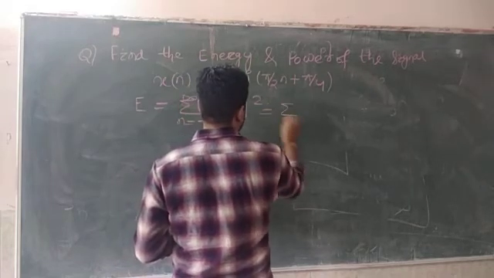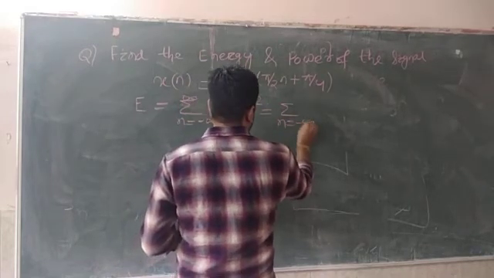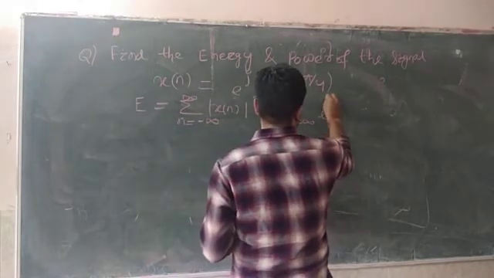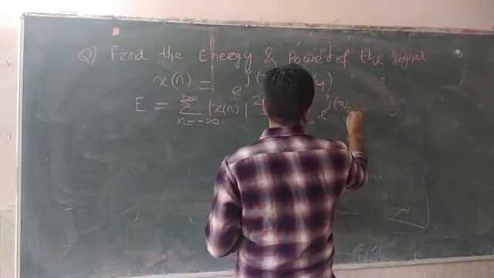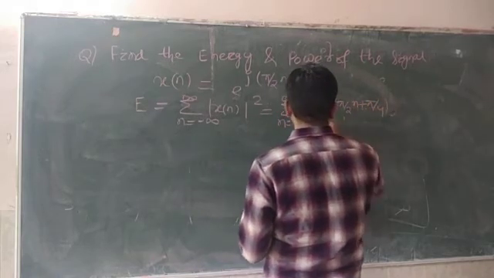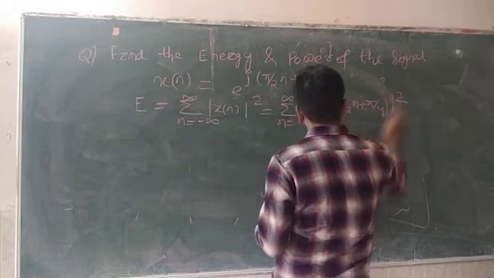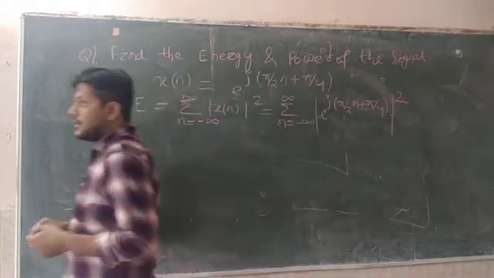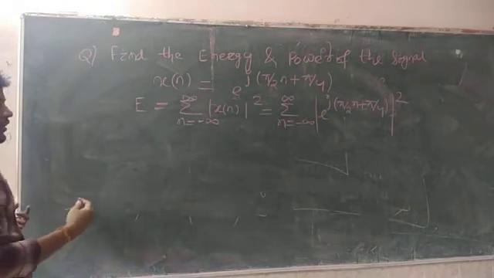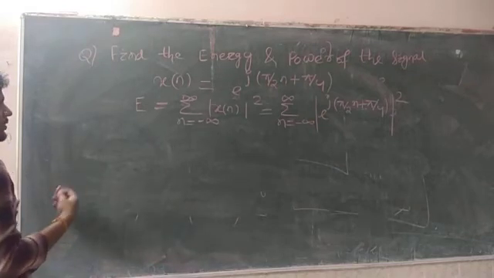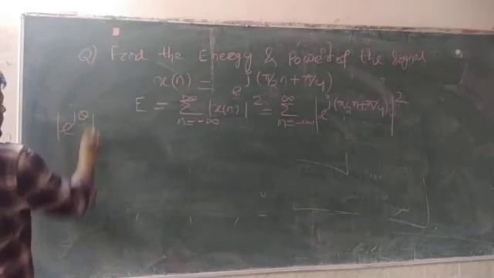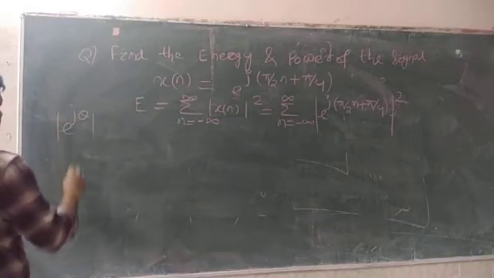So I can write summation n equal to minus infinity to infinity, magnitude of e to the power j(pi by 2 n plus pi by 4), whole square. Now in complex numbers, we need to analyze this using the complex number formula, that is, the magnitude of e to the power j theta.